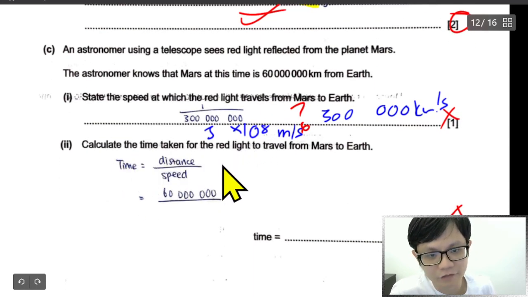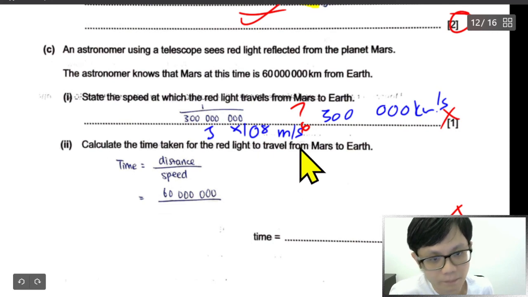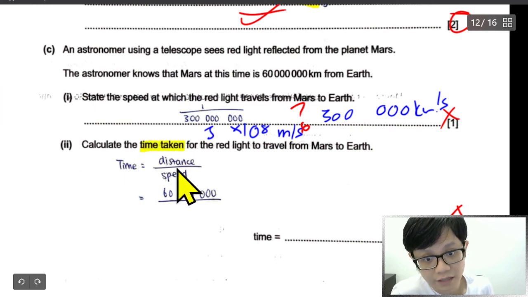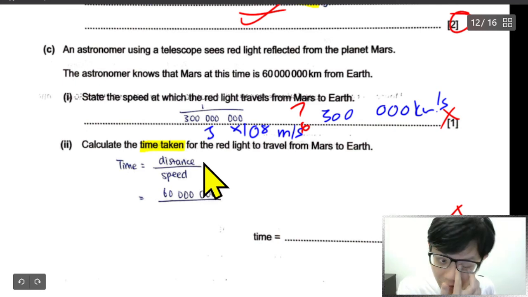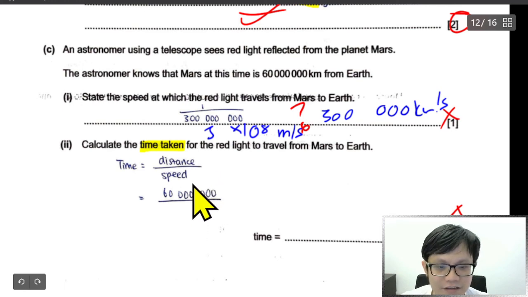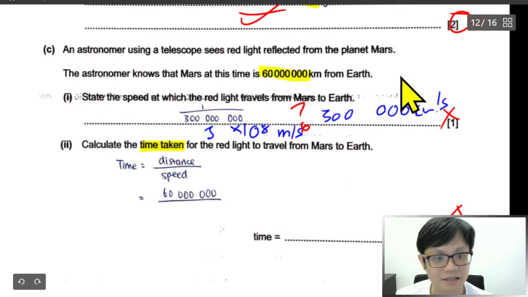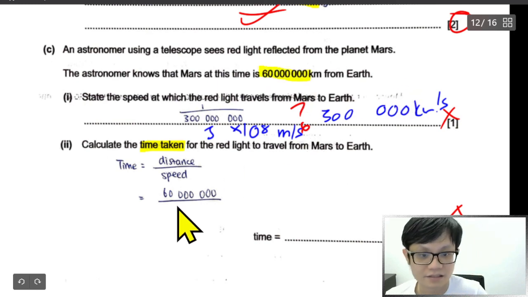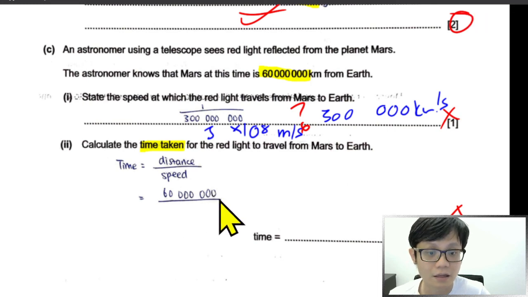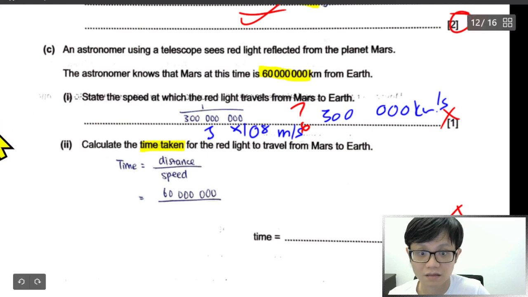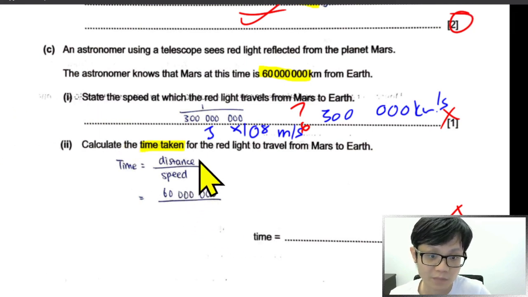Calculate the time taken for the red light to travel from Mars to Earth. Do we have the distance? Time equals distance divided by speed. Here they already give you the distance, 60 million something, divided by 300,000.